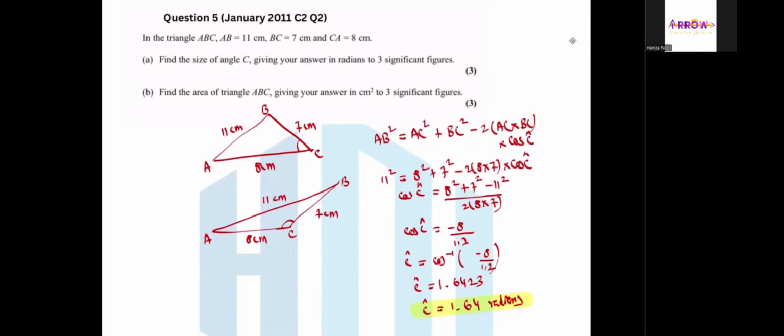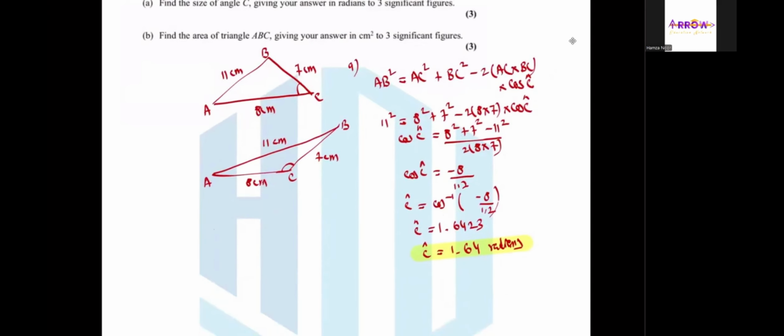In part B, it says find the area of triangle ABC, giving your answer in centimeters squared, correct to three significant figures. So for part B, we are going to find the area, and the formula for area is by using the sine rule.